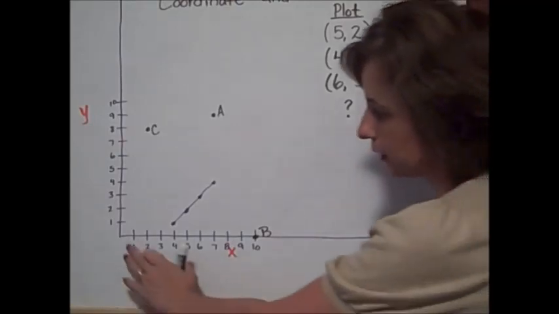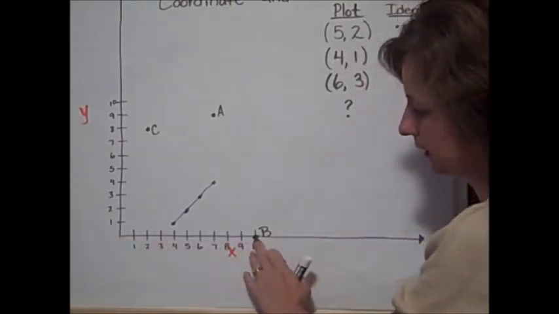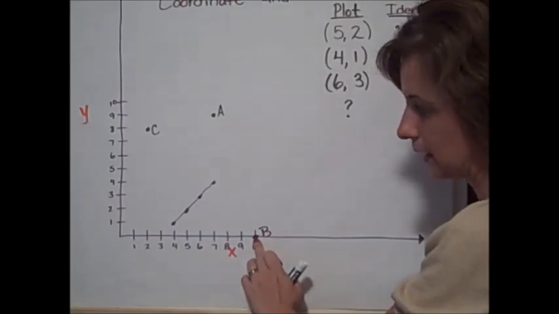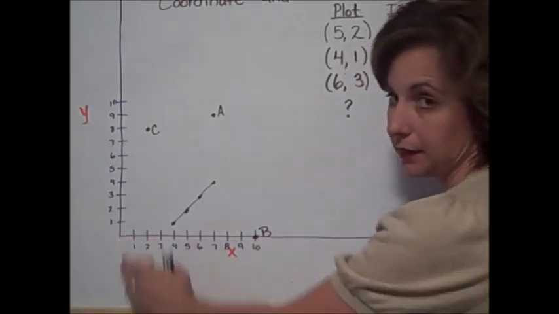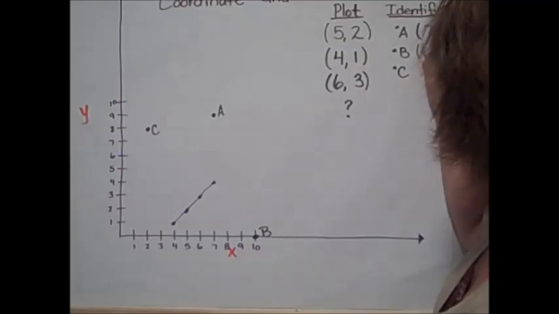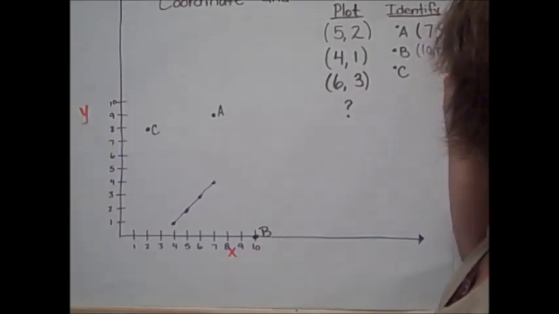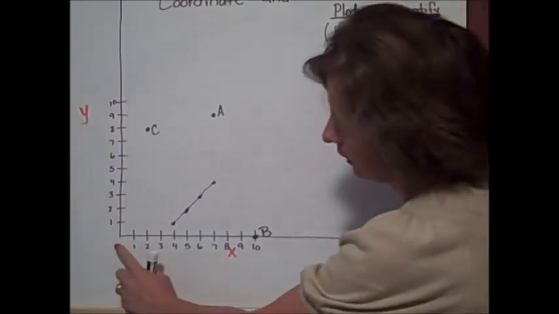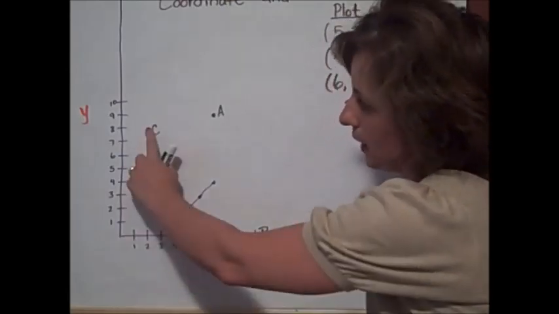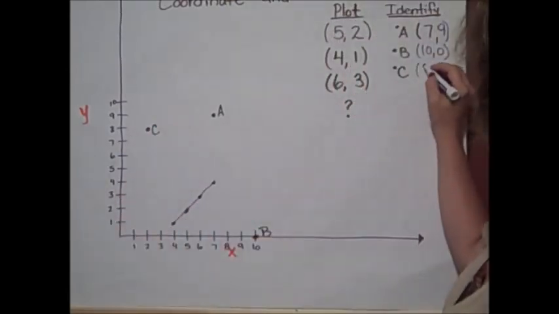B is located at 10 and up 0. And C is over 2, up 8.